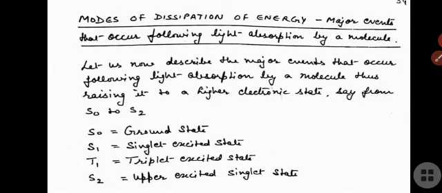Let us now describe the major events that occur following light absorption by a molecule, thus raising it to a higher electronic state, say from S0 to S2. S0 is ground state, S1 singlet excited state, T1 triplet excited state, S2 upper excited singlet state.